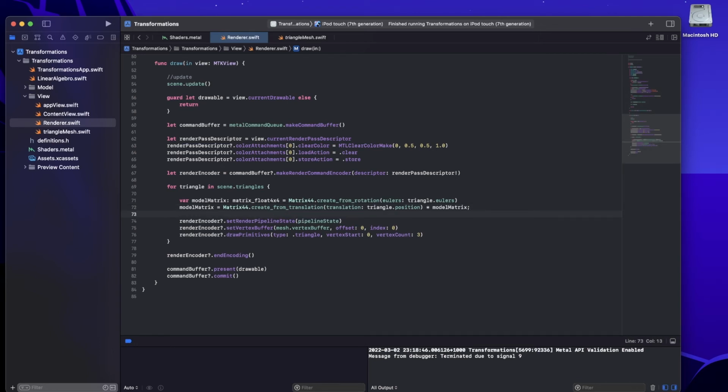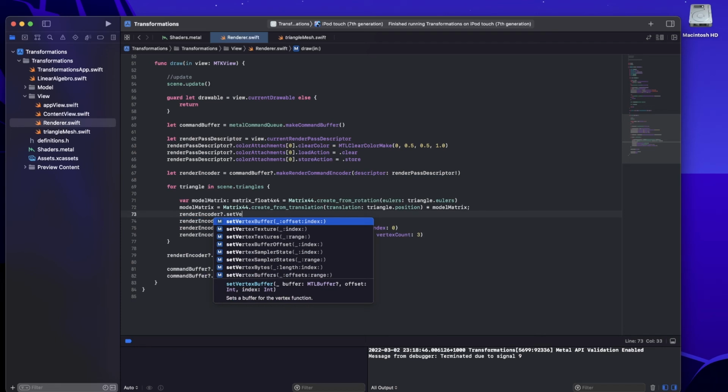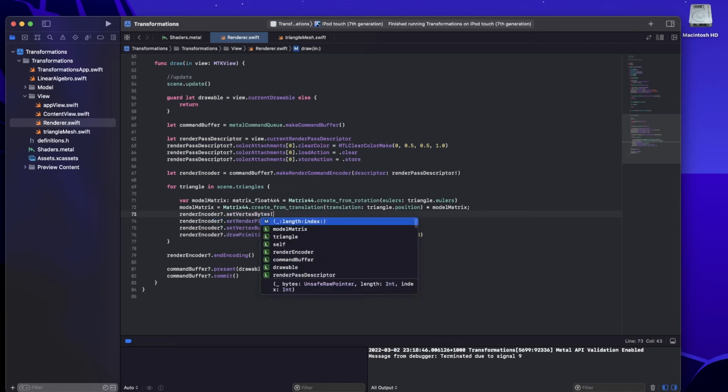Okay, so the next thing we need to do is get it to the shader. So we need to set vertex bytes. The first thing we need is a reference to the thing that we're sending in.